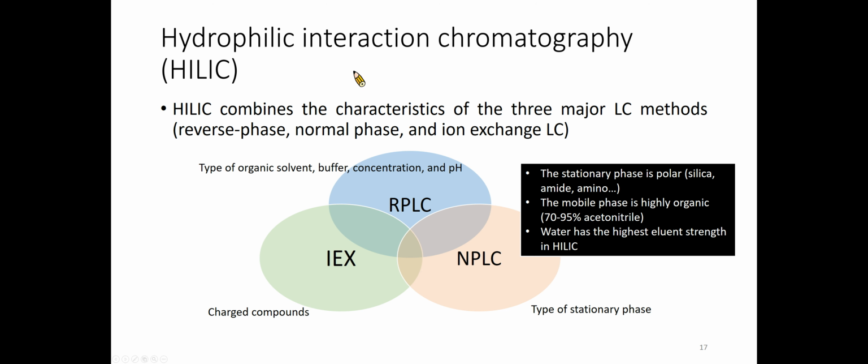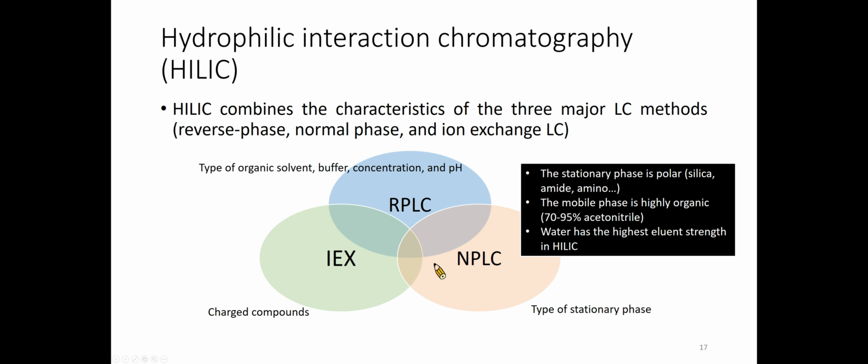Hydrophilic interaction chromatography, HILIC, operates with the characteristics of the three major LC methods, including the reverse phase, normal phase, and ion exchange chromatography. The type of organic solvent and buffer, such as acetonitrile, used in HILIC is compatible with the traditional reverse phase chromatography.